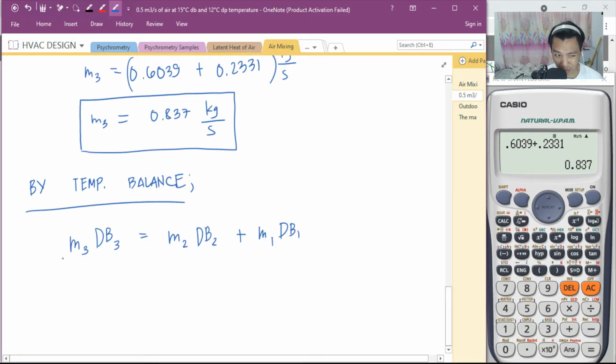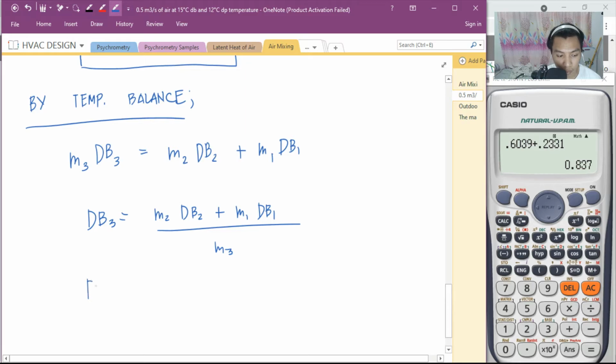Oh, divide natin both sides by M3 kasi hahanapin natin si dry bulb 3. So, dB3 is equal to M2 dry bulb 2 plus M1 dry bulb 1 over M3.